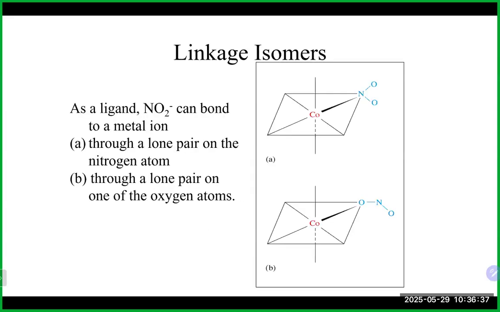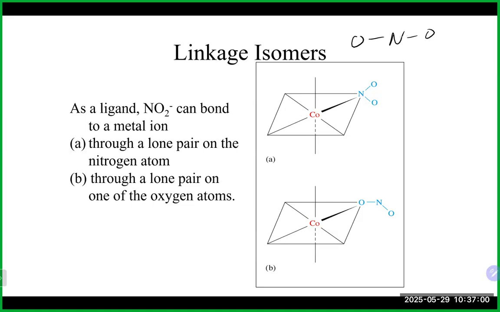Another type of structural isomer is what is referred to as a linkage isomer. In a linkage isomer, you have the exact same ligand attached, but the ligand itself can attach through one of two elements. If we take NO2, we basically have an N and two Os.